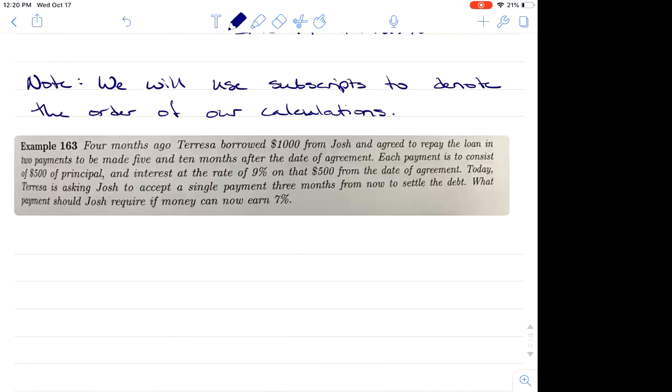Today, Teresa is asking Josh to accept a single payment 3 months from now to settle the debt. So what payment should Josh require if money can now earn 7%? Oh boy. Okay. We can handle it.